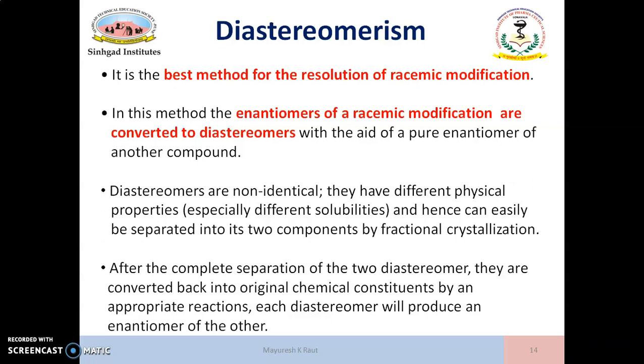Diastereomers are non-identical and they have different physical properties, especially their solubilities are different, and hence they can easily be separated into two components by fractional crystallization. And after the complete separation of two diastereomers, they are converted back into original chemical constituents by appropriate reactions, and each diastereomer will produce an enantiomer of the other.